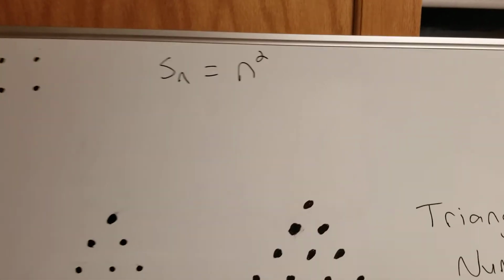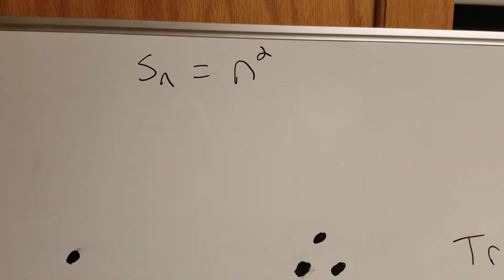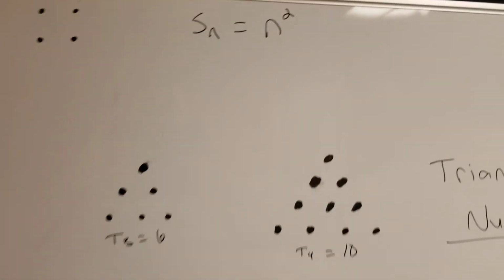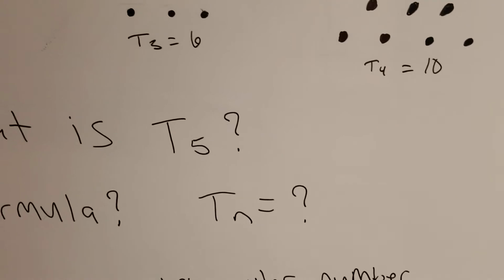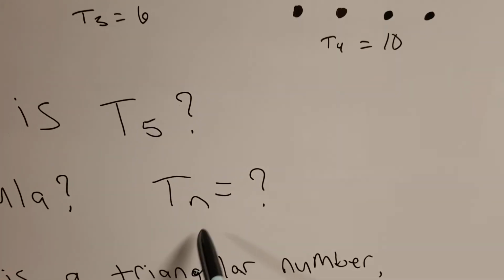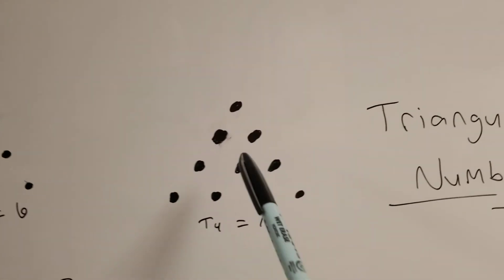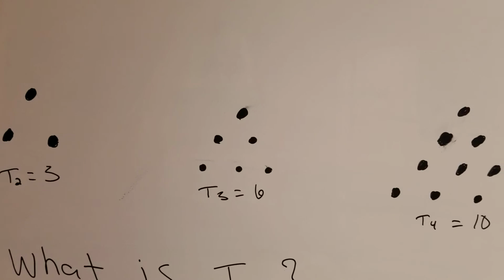Like we did with the square numbers, we came up with a formula so that I could give you any number, you could plug it in for n and tell me what that square number would be. Well, now I want the same idea. I want to be able to give you any number, n, plug it into some formula that's going to tell me how many dots are in this diagram.